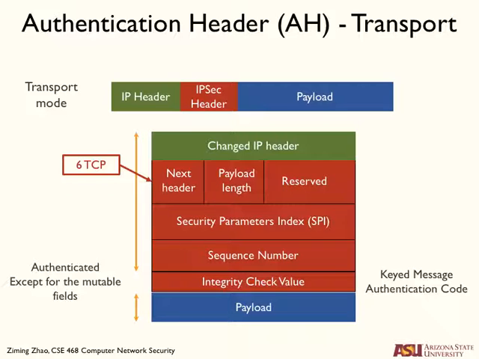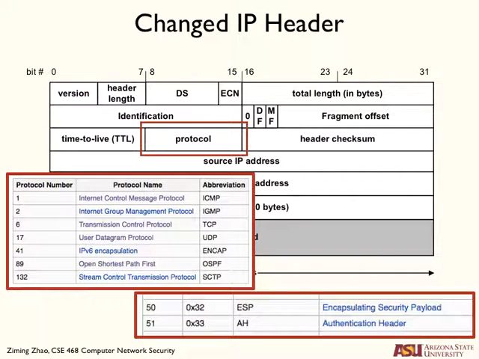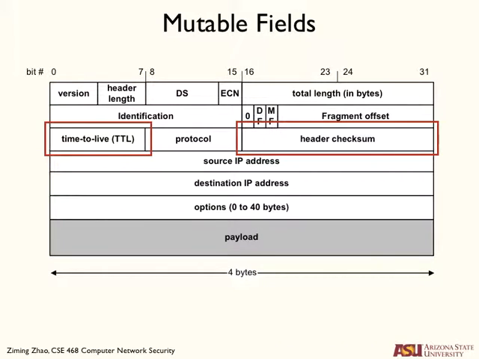For example, the security parameter index, the sequence number, the payload, the headers, and in the IP header, we will only calculate something like the source IP address and destination IP address.